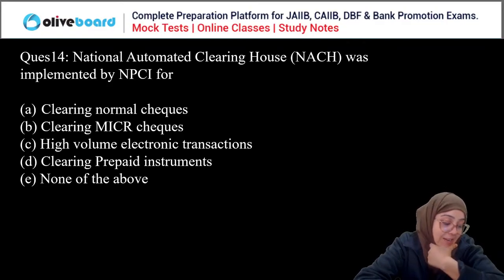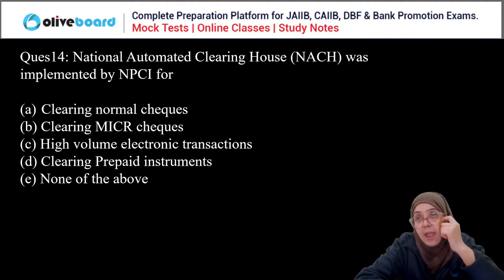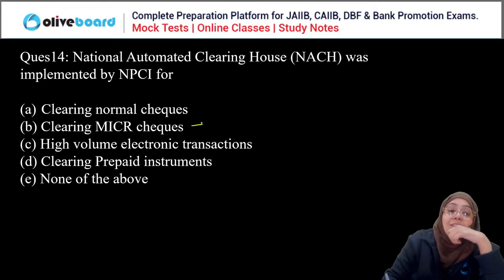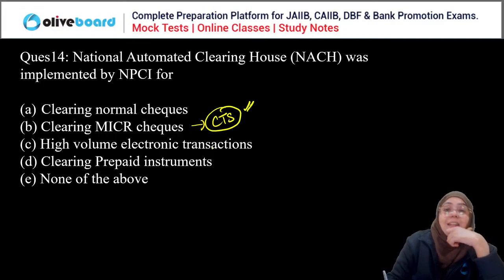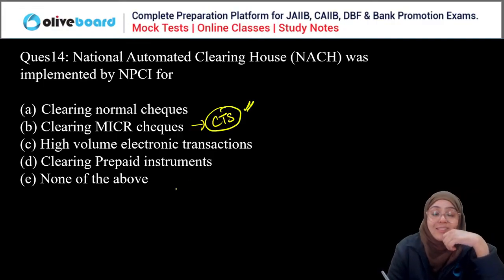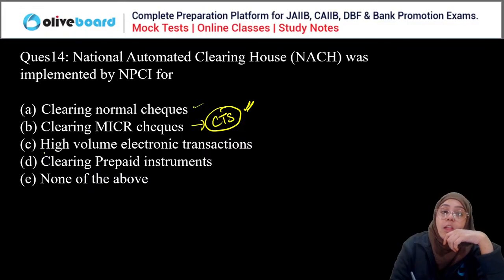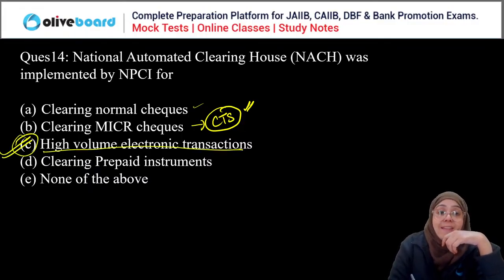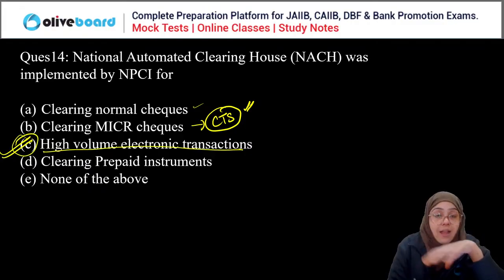For clearing MICR, magnetic ink character recognition, checks, there is a technology known as CTS, Check Truncation System. That is for clearing the normal checks as well as the MICR checks. Whereas high volume electronic transactions are settled by NACH, National Automated Clearing House.